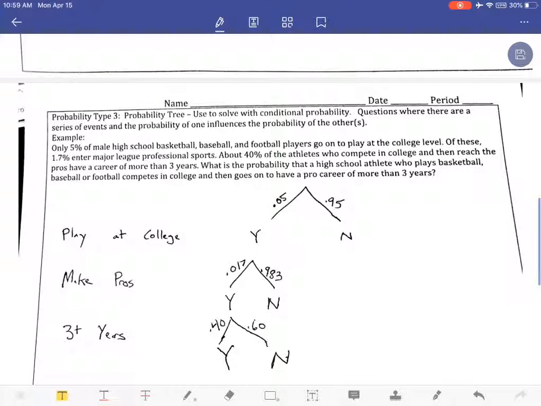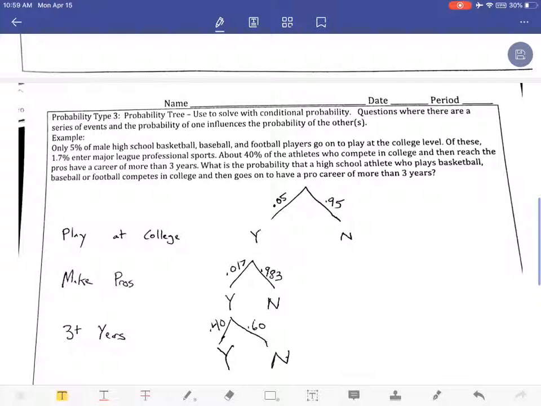That's a conditional probability, because you have that first probability that they're speeding, and then the second probability that they're intoxicated. All right, so we have this example dealing with athletes from high school to professionals that we're going to look at.